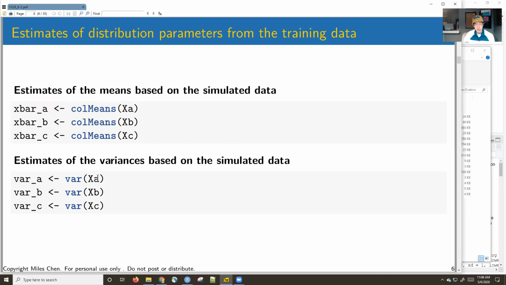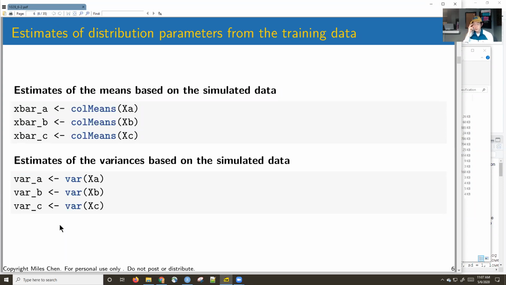Then I'm going to take the variance of my observations labeled A, and we're going to make that the estimate of the variance. We do the same thing for class B and class C to get X bar B and X bar C and variance of B and variance of C, and these are all estimated means and estimated sample variances.